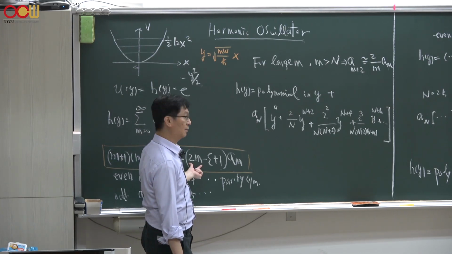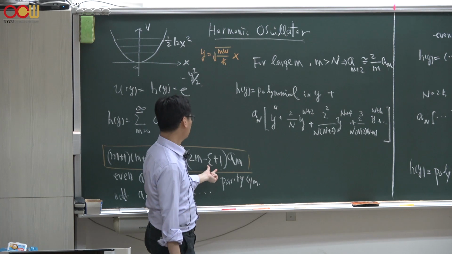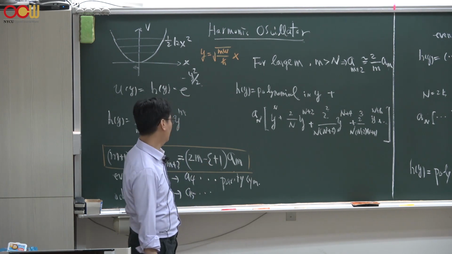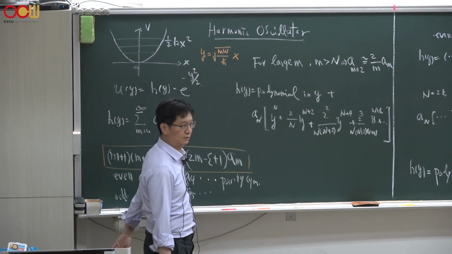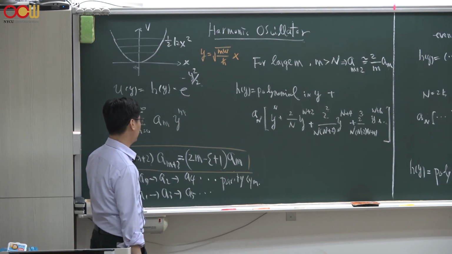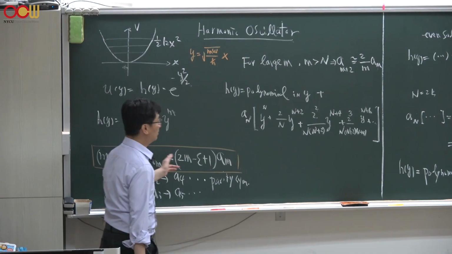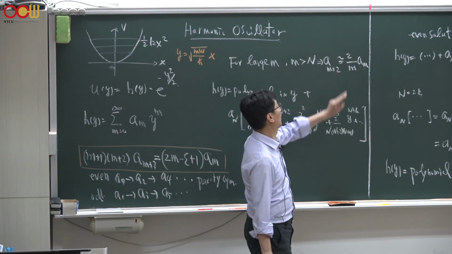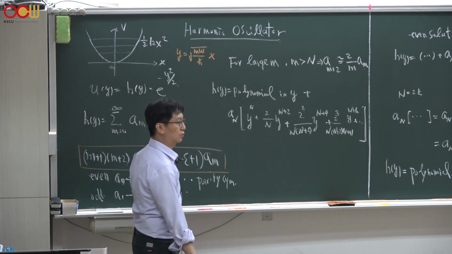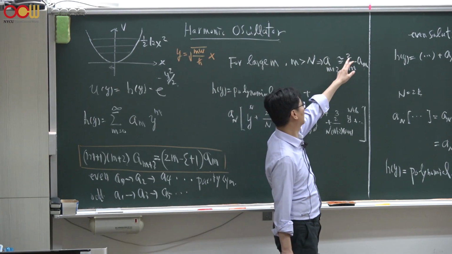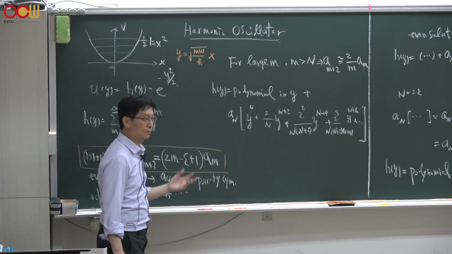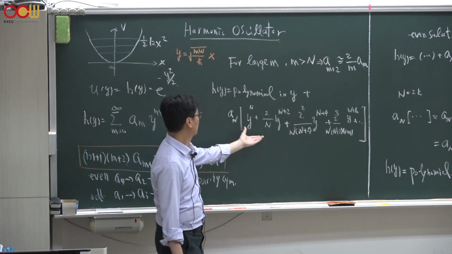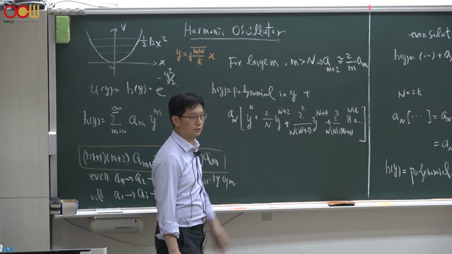When m goes to almost infinity, epsilon is a finite value, so it doesn't matter, and 1 is simply 0 compared to m. So we can simplify the recursive relation to this form, where a_(m+2) is approximately 2 over m times a_m. This approximated form helps us to further derive all these prefactors.